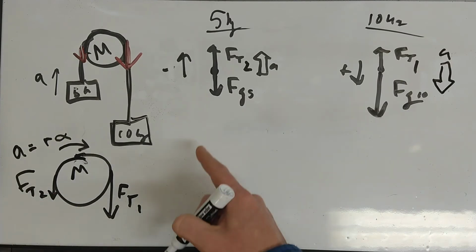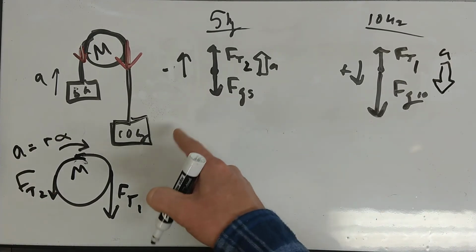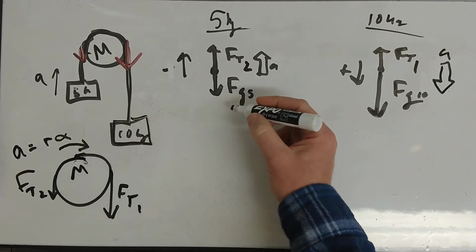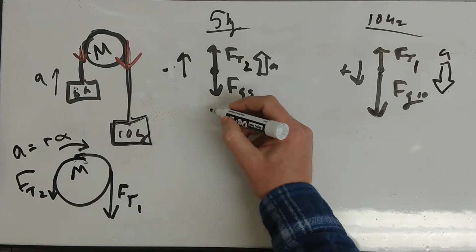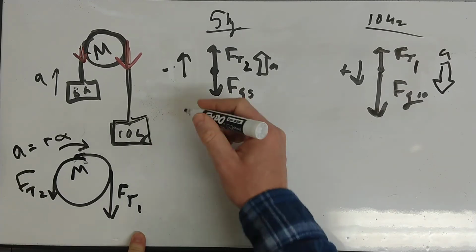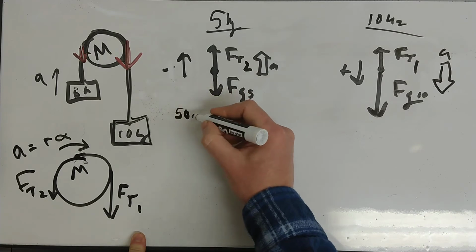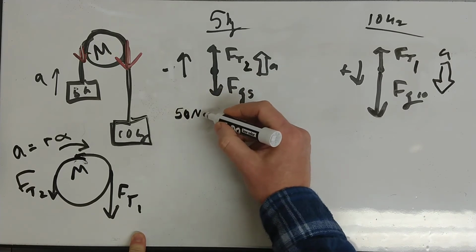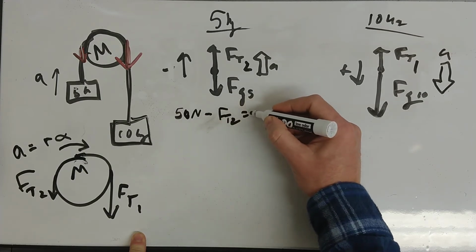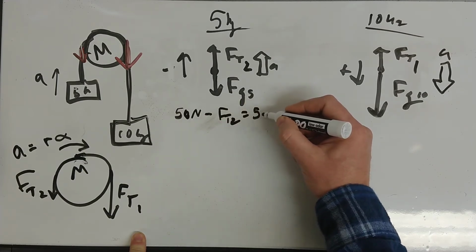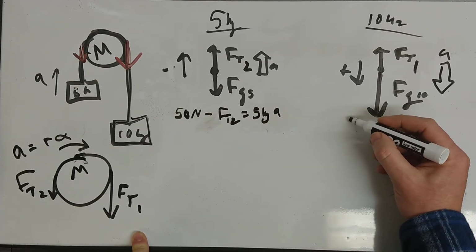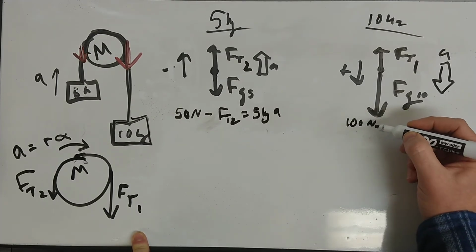That's important here. So let's write Newton's second law equations. We're actually going to end up with 3 Newton's second law equations now. For the 5 kilogram mass, we have 50 newtons minus FT2 equals 5 kilograms times A. For this one, we're going to have 100 newtons.